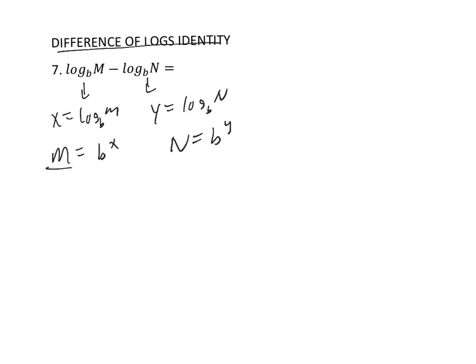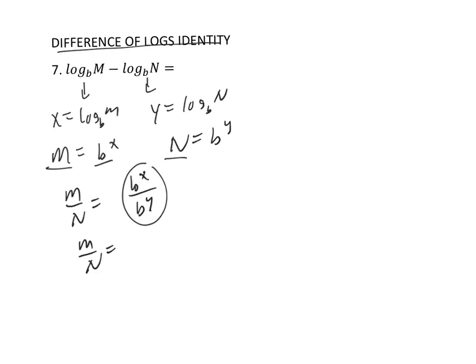And we're going to take these m and n and, instead of multiplying them, divide them. When I divide, I have b to the x over b to the y. What happens when you divide expressions that have the same bases? The exponents are subtracted. In other words, we have b to the x minus y. And this is the beginning of the difference of log identities.